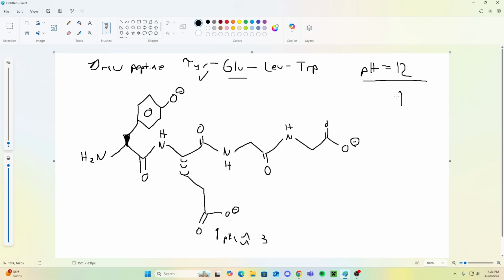And again, because the pH is higher than the pKa of this glutamic acid, it will not have a proton attached to this free oxygen.